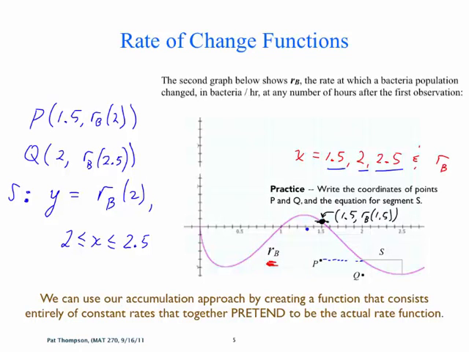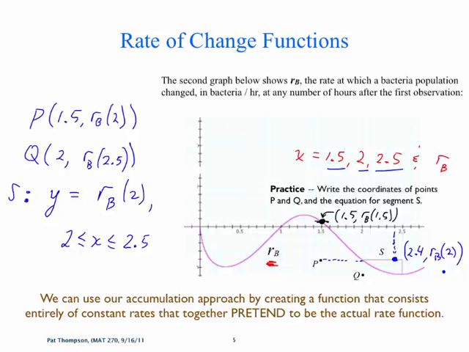All right. So right here, what are the coordinates of this point? Tell your neighbor. X coordinate, 2.4. Y coordinate, r sub b of 2. Hopefully we all got that one.